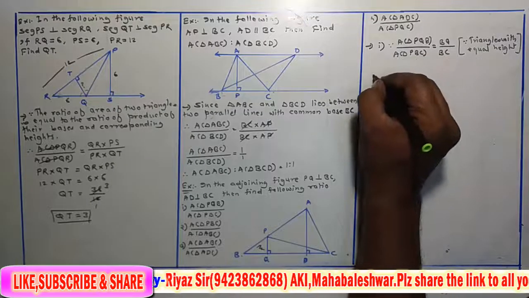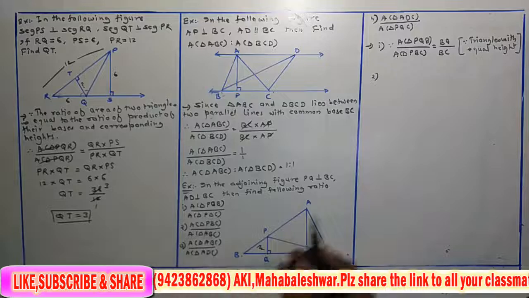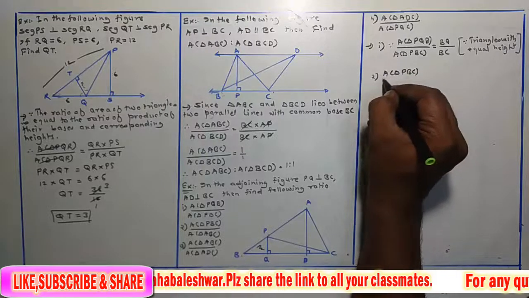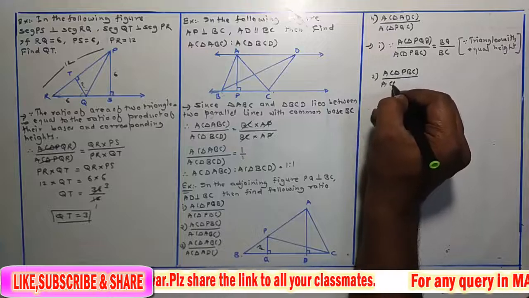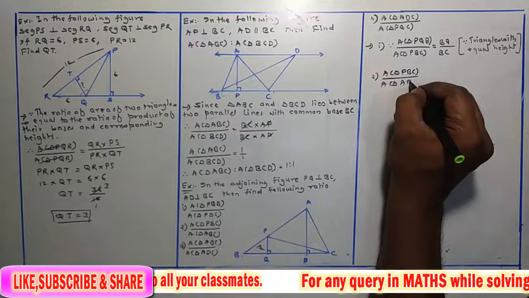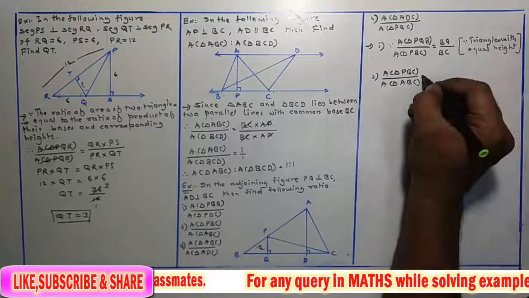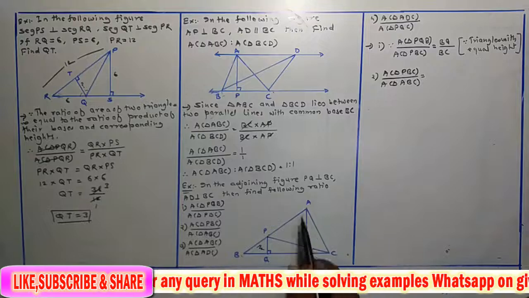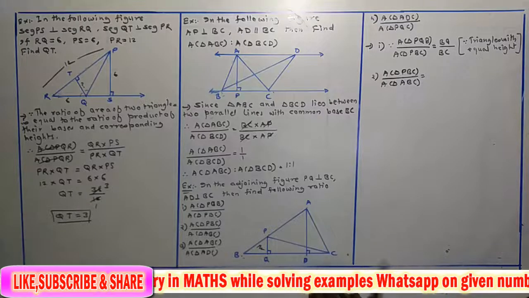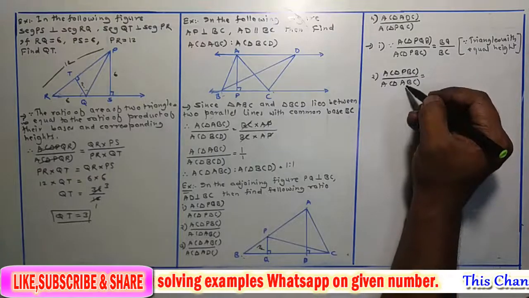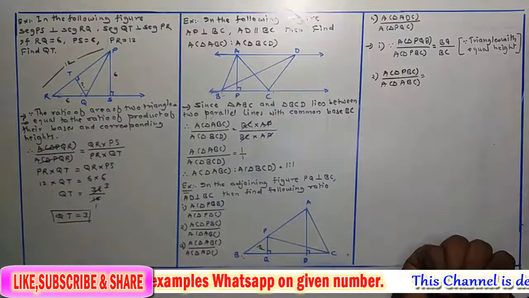Okay, now second one, area of triangle PBC upon area of triangle ABC is equal to, now PBC and ABC, in both the triangles this base is common. Okay, and therefore ratio of their areas is equal to ratio of their corresponding heights.